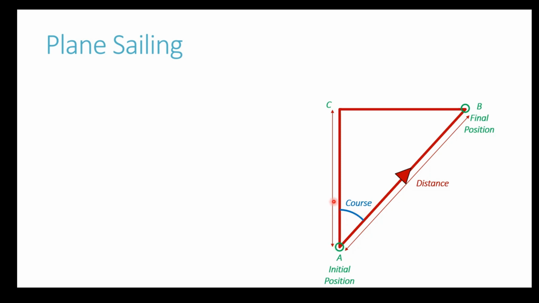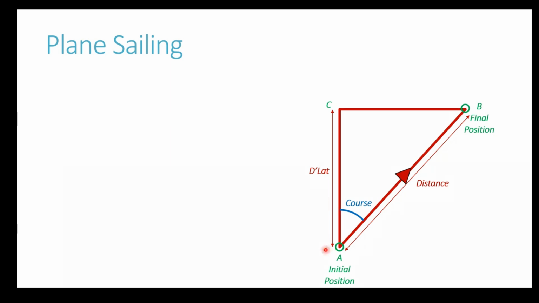Now, if you take your attention to the vertical side of this particular triangle, that is AC, Alpha Charlie, this vertical side of the triangle on a chart basically represents the difference of latitude, in short known as D-lat.